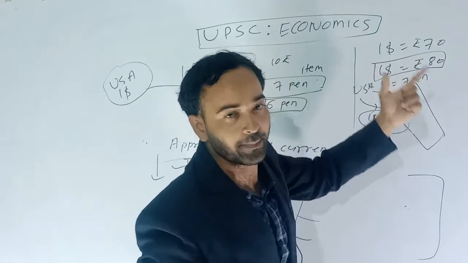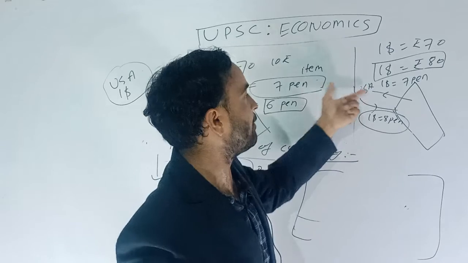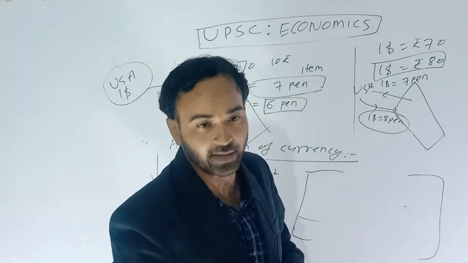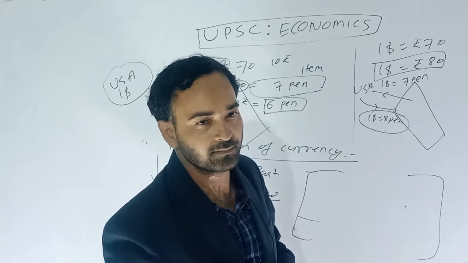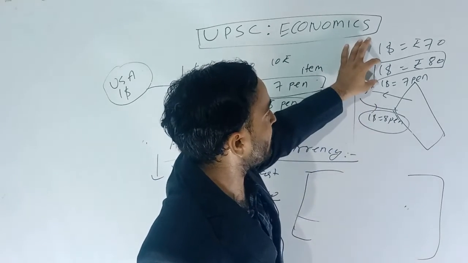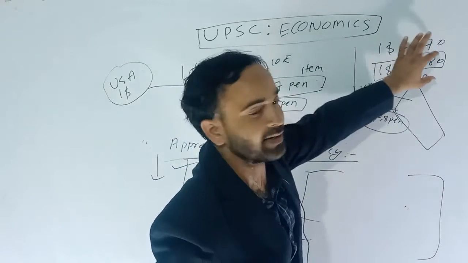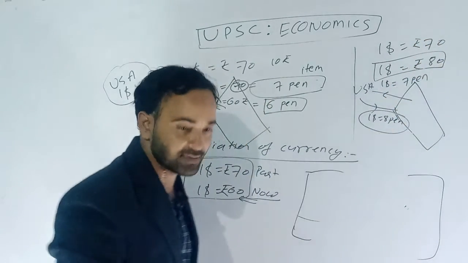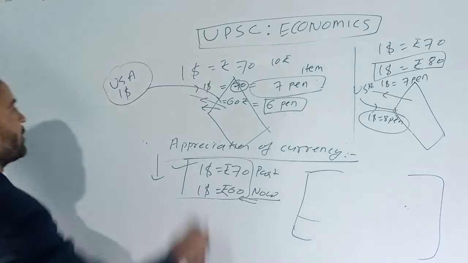Then he will be very happy. Then he will buy more and more things, because he knows he will get more things in less amount. He only has to pay $1, which in India is 80 rupees, so he will get more items. Got my point?